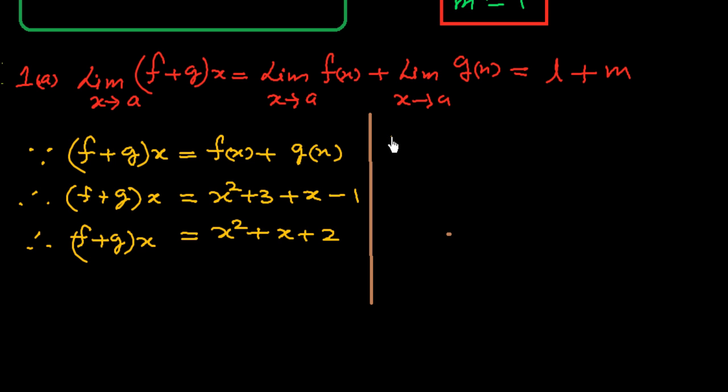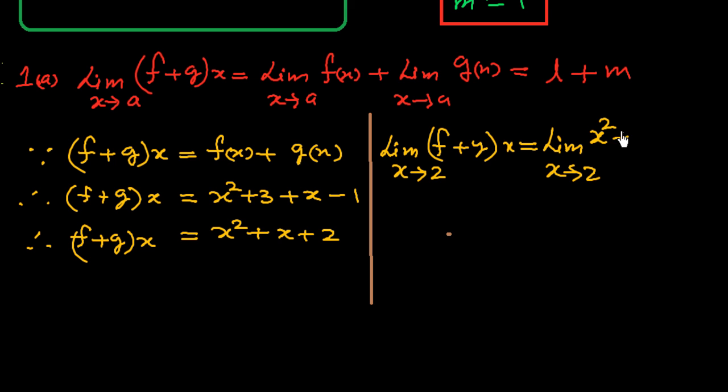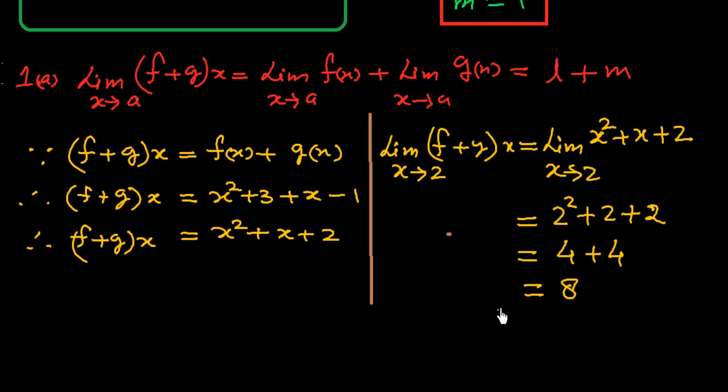So limit x tends to 2 of (f plus g)(x) is equal to limit x tends to 2 of x square plus x plus 2. Now we put this value instead of x. So it is 2 square plus 2 plus 2. So we are getting 4 plus 4, which is equal to 8.